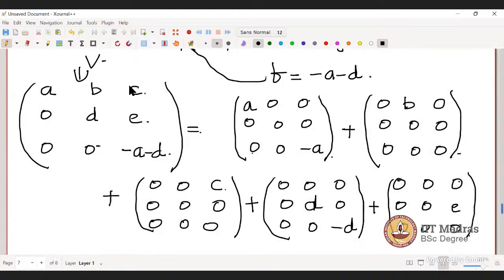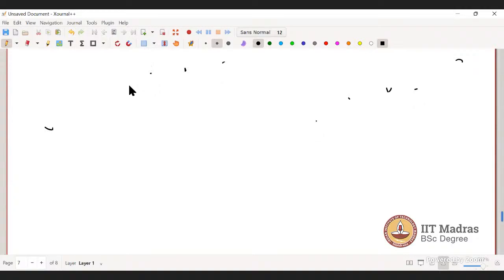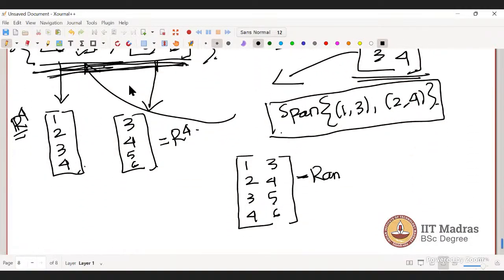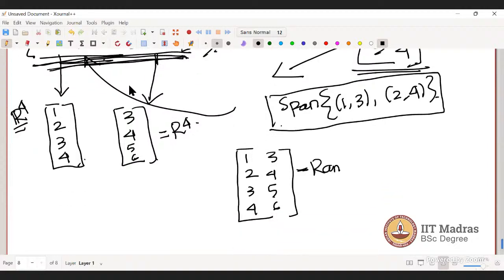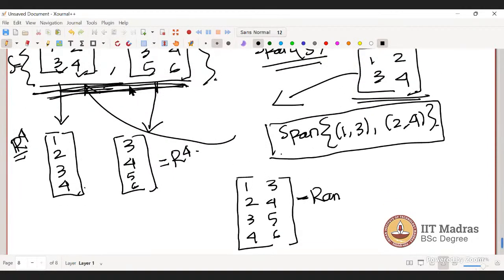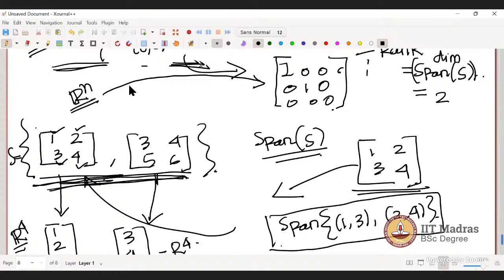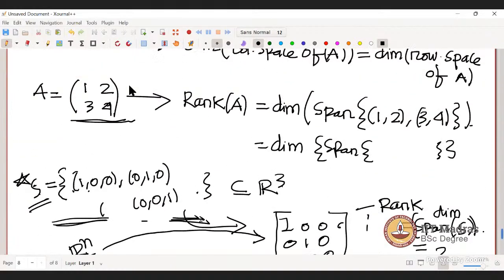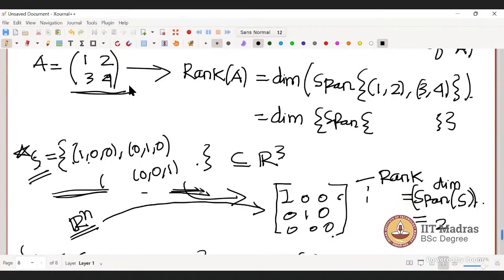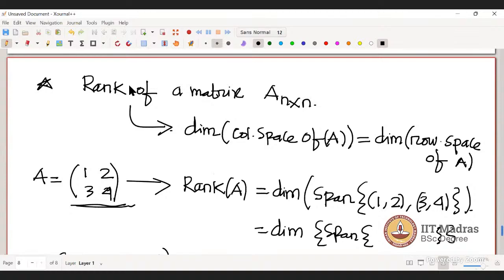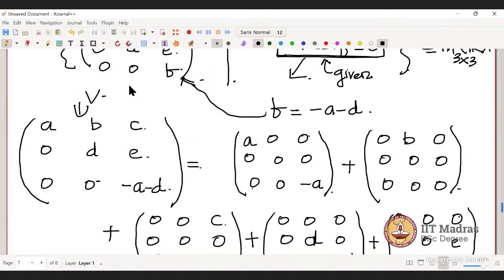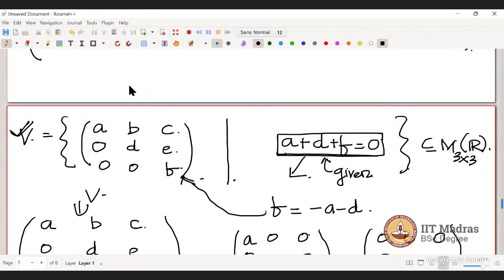Okay. So can you scroll down a bit? No, up. So where you said the span of V, scroll up, please. Up. Scroll up.